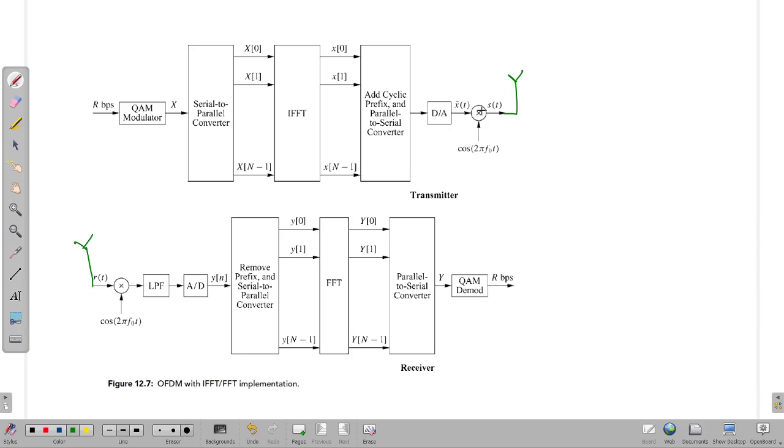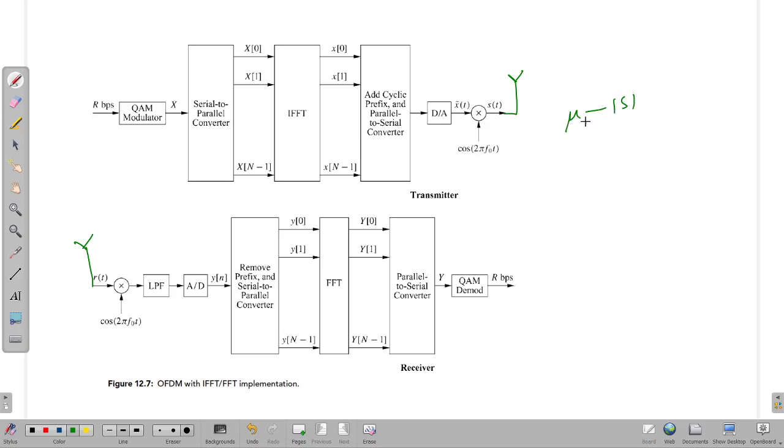Like I told you, the mu symbols which belong to the cyclic prefix part are under inter-symbol interference, so we remove those mu symbols from the beginning, and you simply don't sample them.